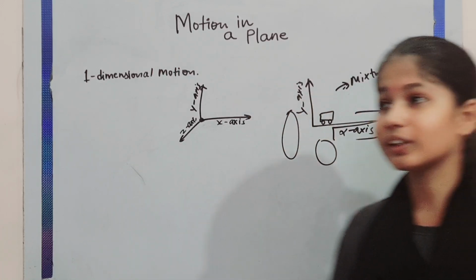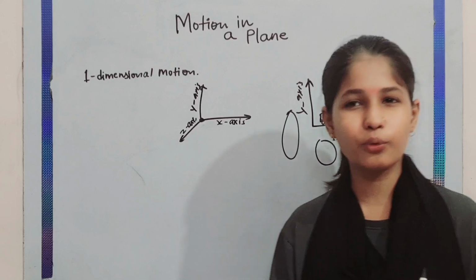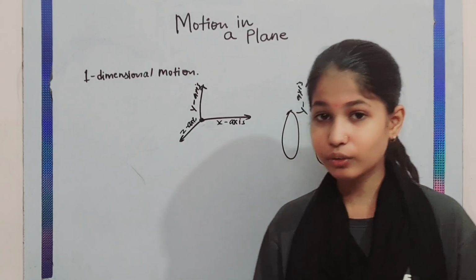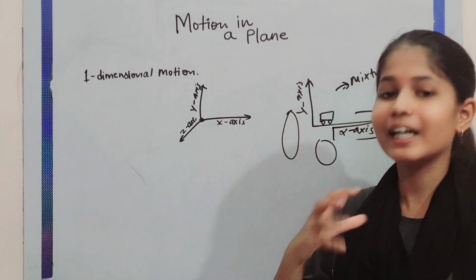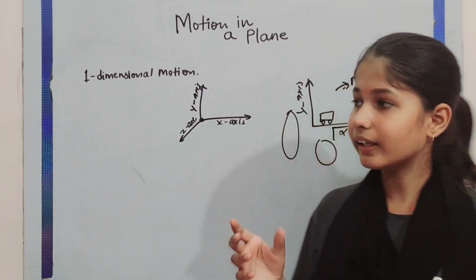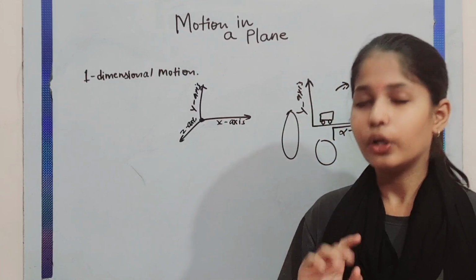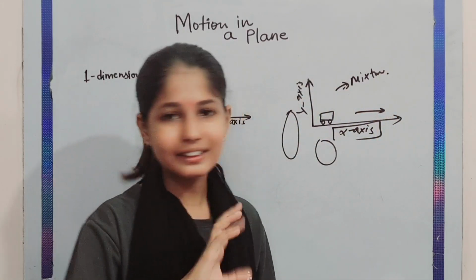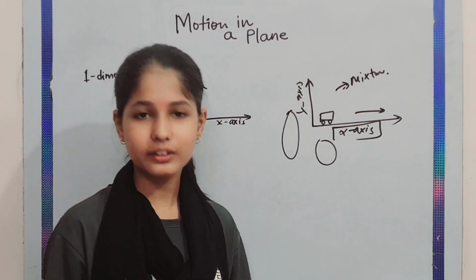One more thing: if someone asks whether there is any fourth or fifth dimension, any dimensions other than these three, no, till now we haven't discovered any other type of dimensions.